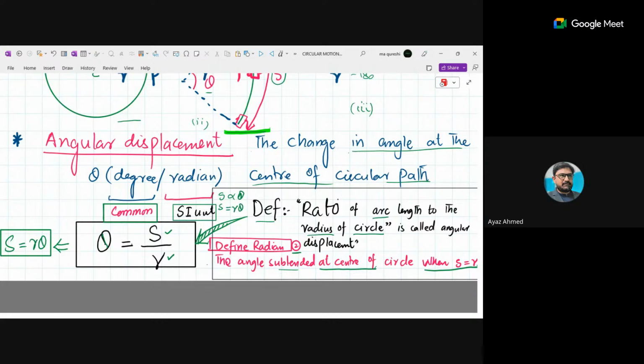So s equals r theta gives the definition of angular displacement, which is the ratio of arc length to the radius of the circle.